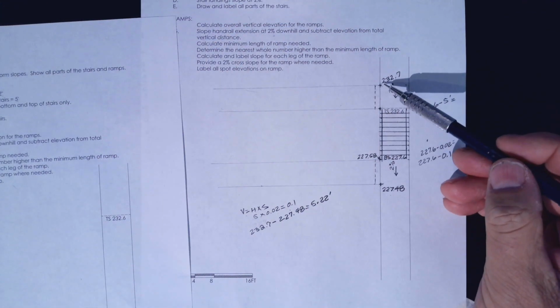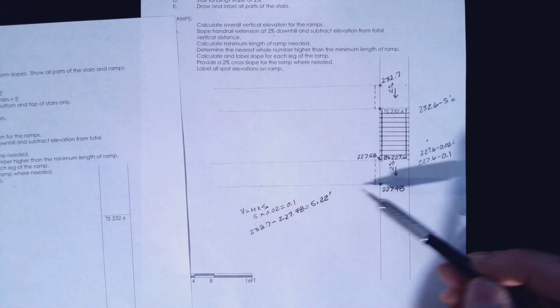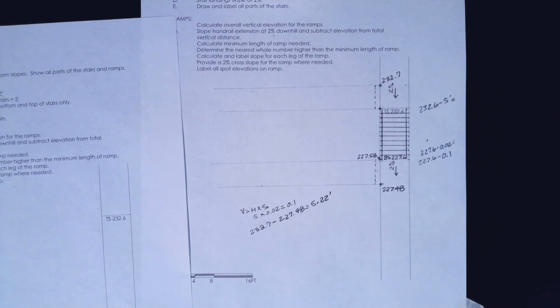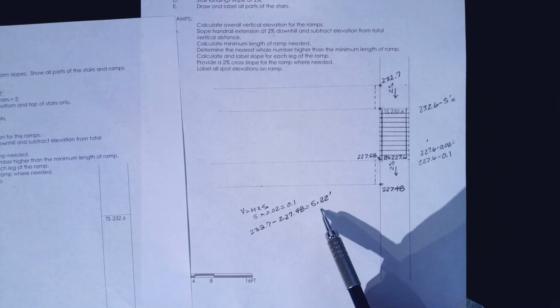So from here the ramp drops all the way down to this point here, which is 5.22 feet. Alright, so that's the total height.